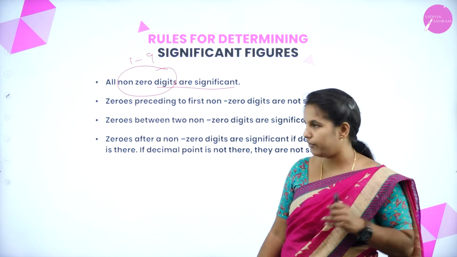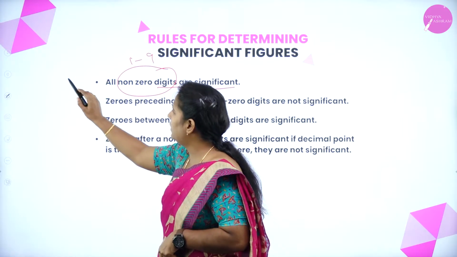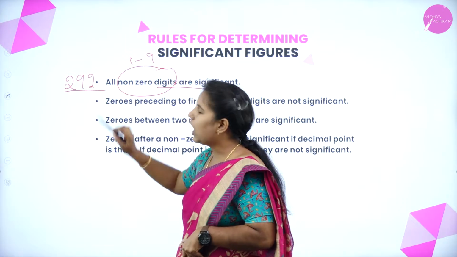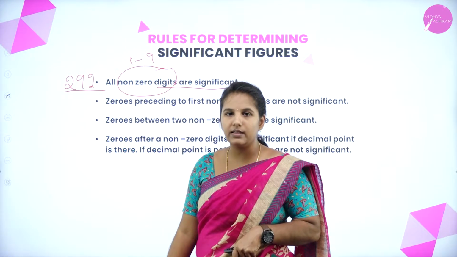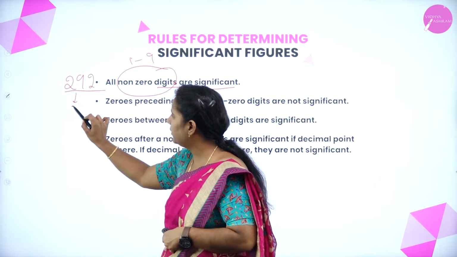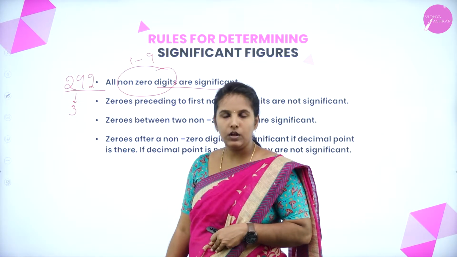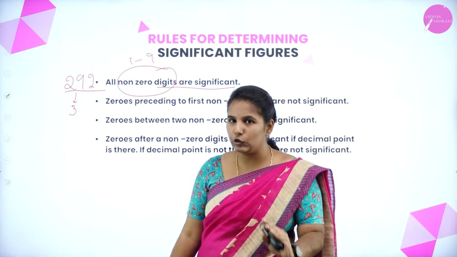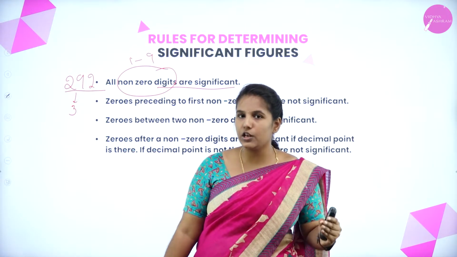They are significant. Okay, for example, if you take 292, how many significant figures are there here? Count 1, 2, 3. So the significant figures is 3. Okay, all non-zero digits from 1 to 9. So don't consider 0 for this.